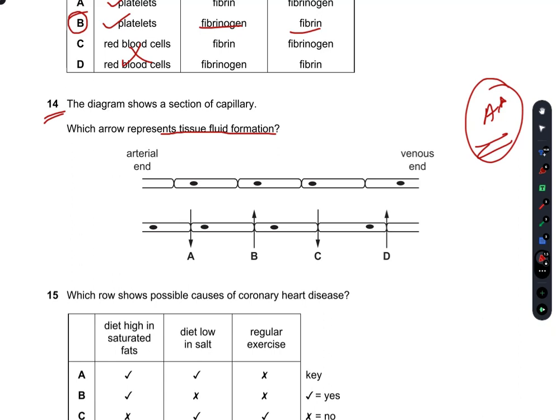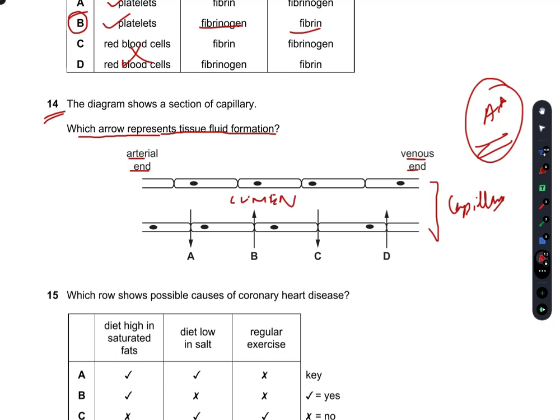So, this is the arterial end, and this is the venous end, and this whole thing is a capillary. This is the lumen. Now he has asked us which arrow represents the tissue fluid formation.